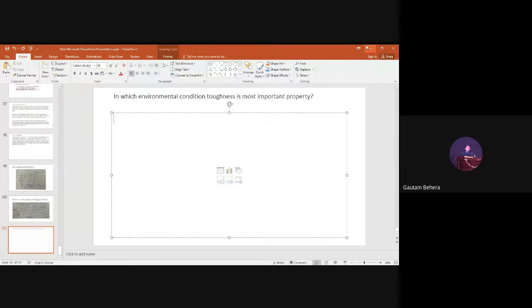The ship should absorb a lot of energy of the collision and it should not get fractured. But it cannot absorb the energy. Rather, it got fractured. This happens because the material is steel, and that steel has become brittle due to the very low temperature prevailing there.